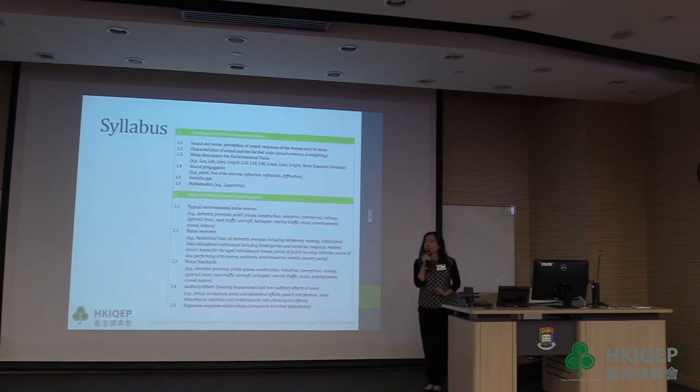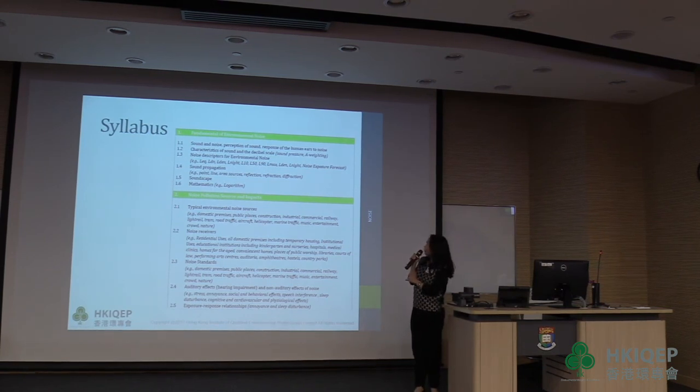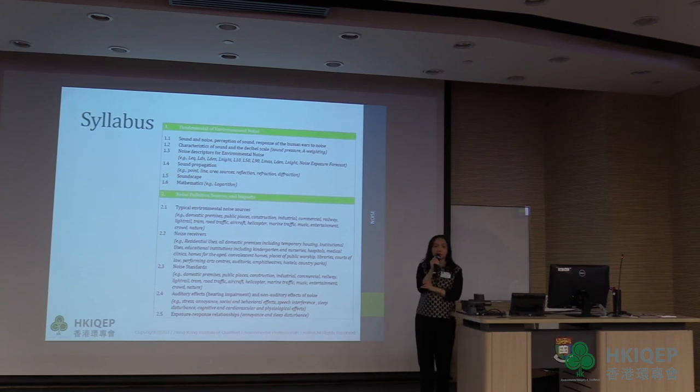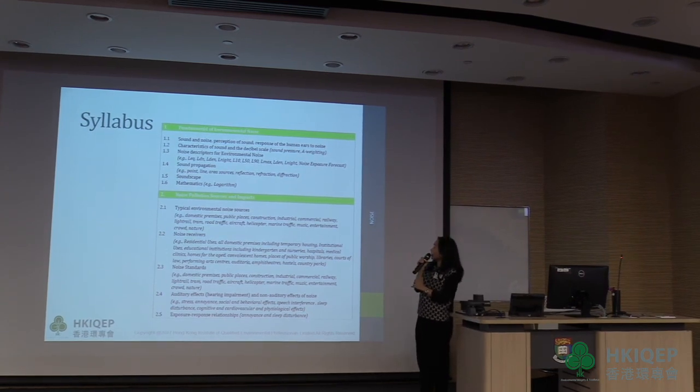Okay, this is the syllabus. In fact, we extracted this from the table of contents of the study guide. About the fundamentals of environmental noise, we cover sound and noise, perception of sound and response of the human ears to noise, some characteristics of sound and the decibel scale, some principles of sound propagation, the concept and approach of soundscape, and some mathematics.